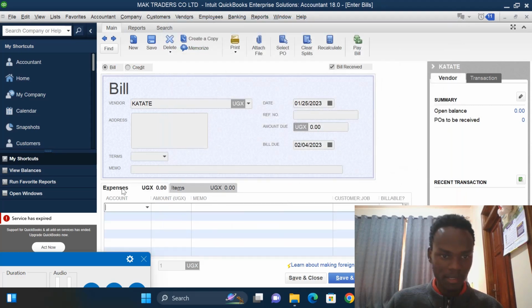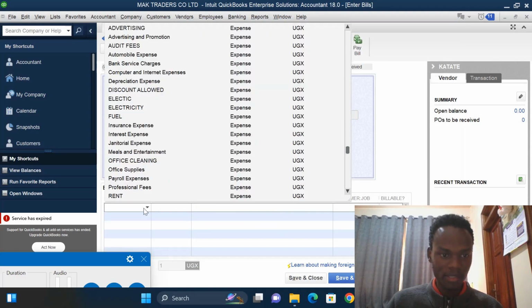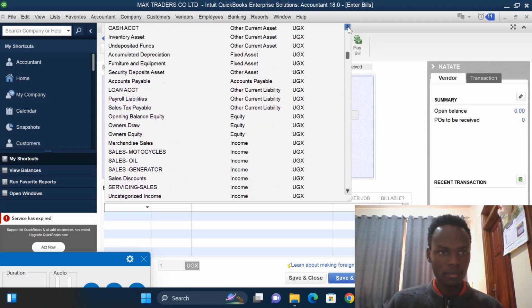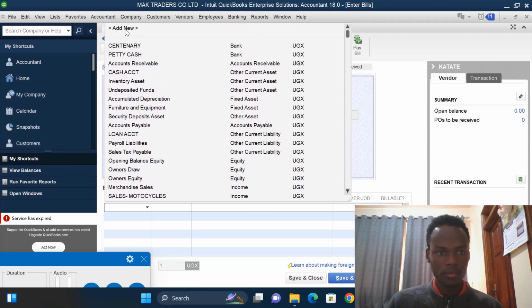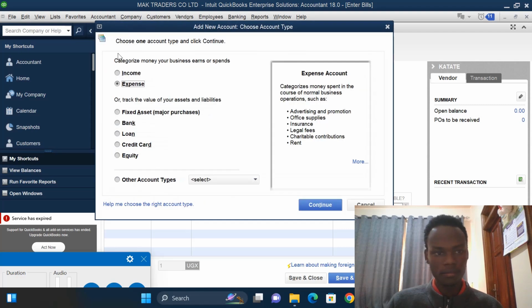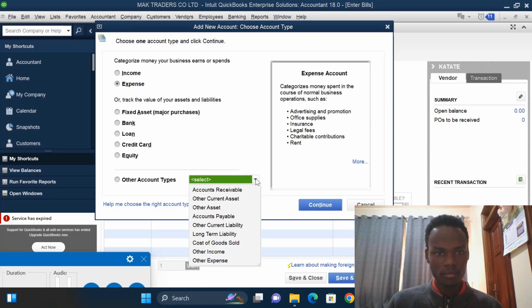So on the expenses, we shall add new. Add the expense.